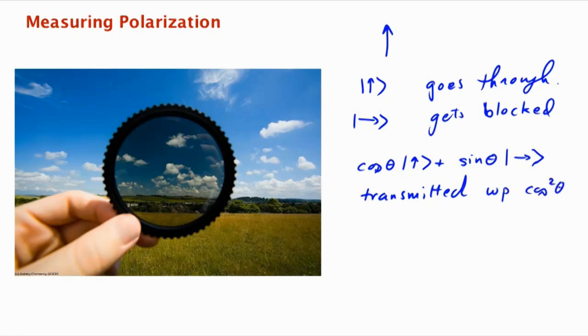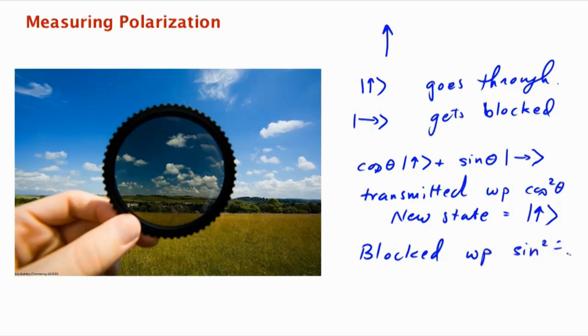By the way, if it gets transmitted, what's the new state of the photon? It doesn't matter that it was diagonally polarized when it came to the lens. If it's allowed through, then the new state is exactly vertical polarization. And it's blocked with probability sine squared theta.